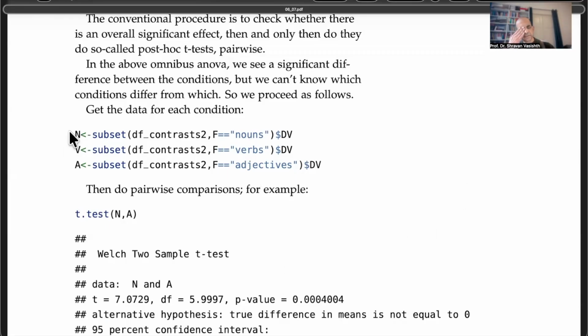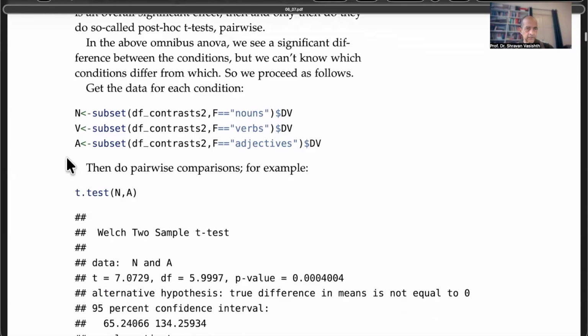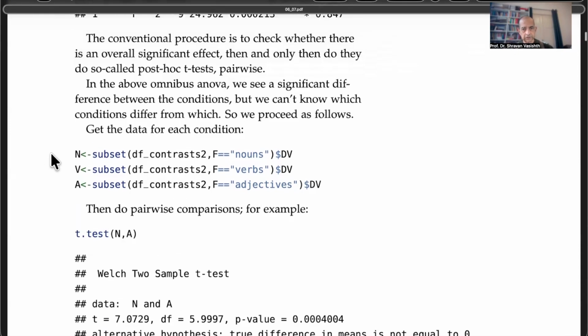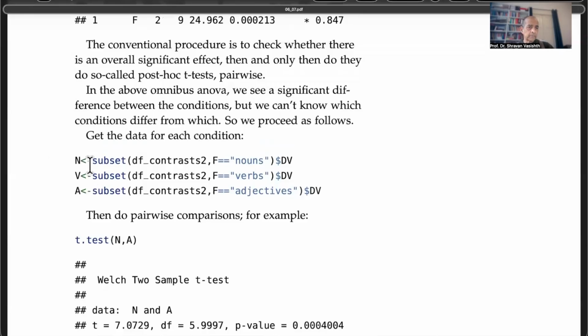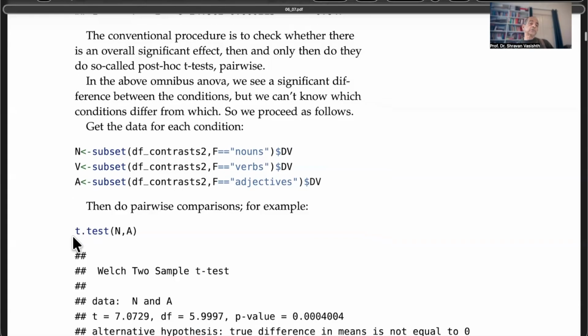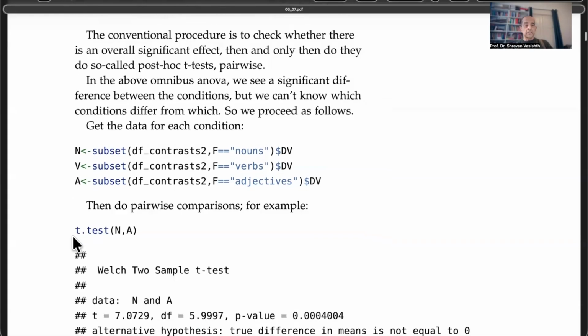So all this is standard frequentist statistical theory, so I don't really care about it right now. We don't need to discuss why that is. But in any case, I've extracted the three dependent variables, and now I'm going to do the two pairwise tests that I might be interested in, nouns versus adjectives. Remember, I'm doing a t-test that's not within subjects, so I'm not saying paired equal to true.